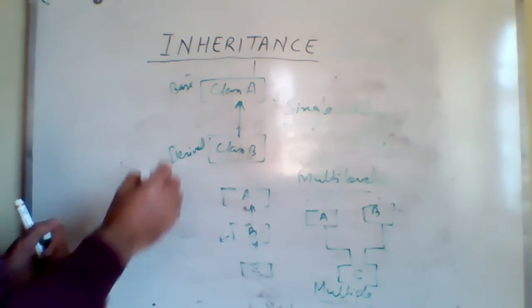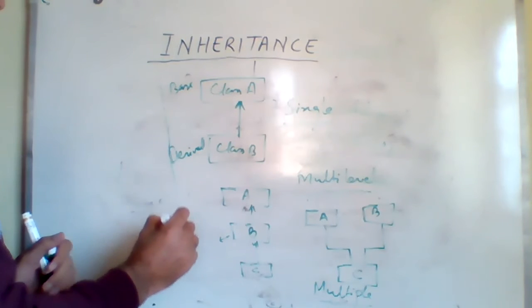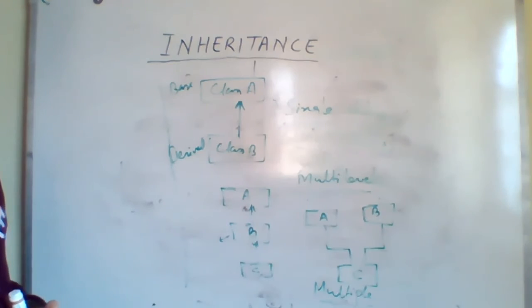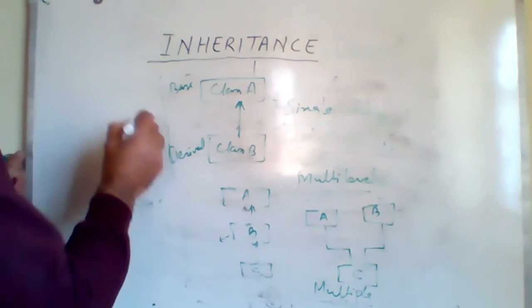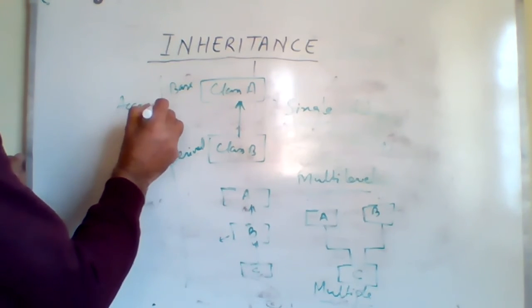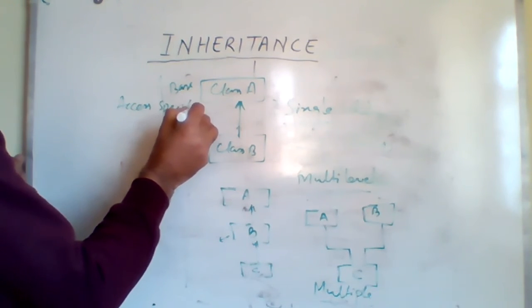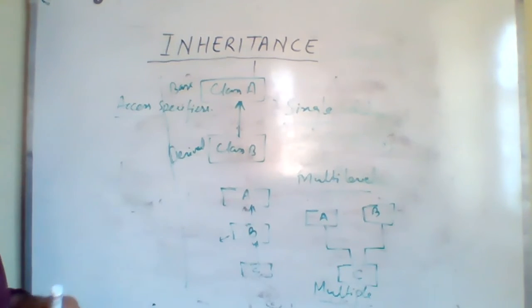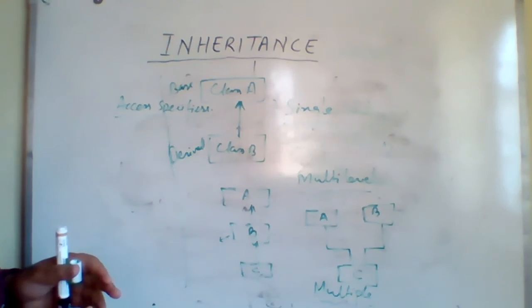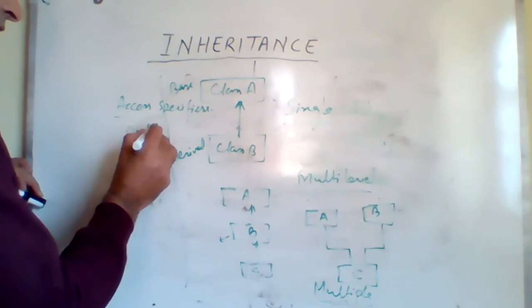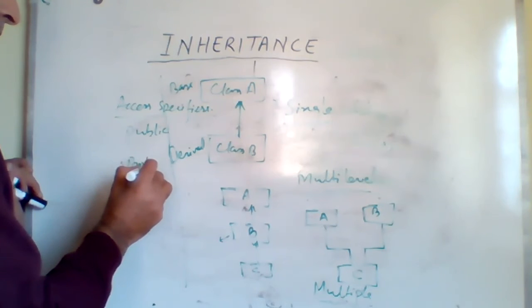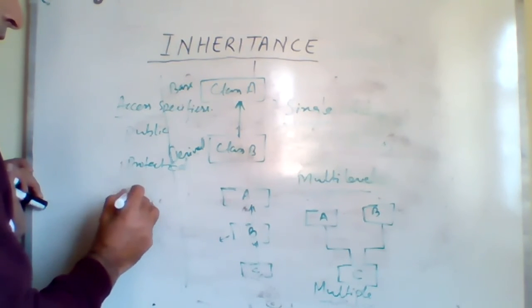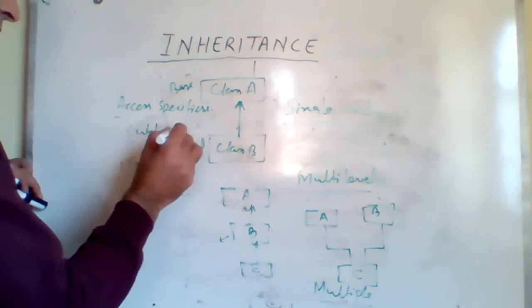There are certain rules which govern the inheriting properties of derived classes. Those are known as access specifiers. Like we have in classes, the same access specifiers are used with inheritance. We have public, we have protected, and we have private. What does that mean?